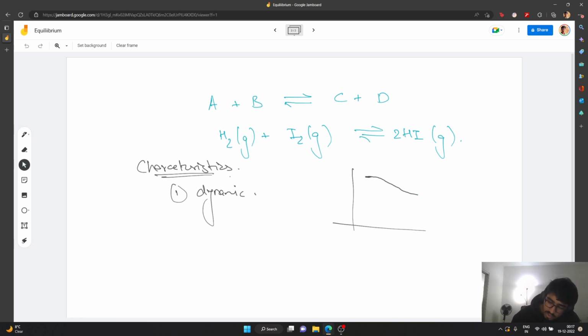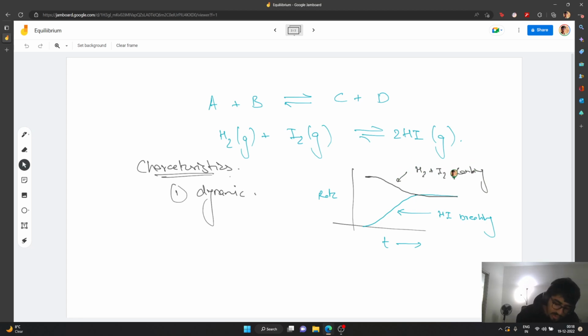At this point it is 0 and then it rises up and then it joins this guy. So this is the rate of HI breaking, and this is with time. Then it flattens out, and the black guy here is the rate of H2 plus I2 combining.